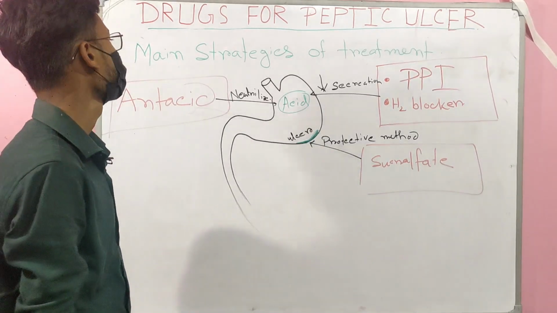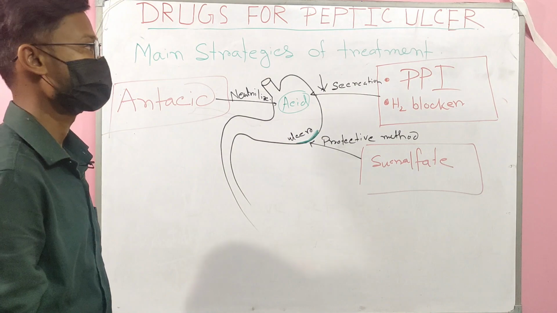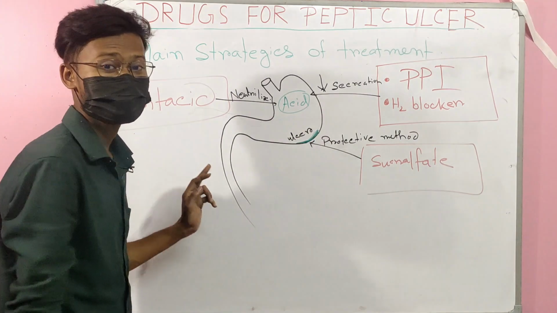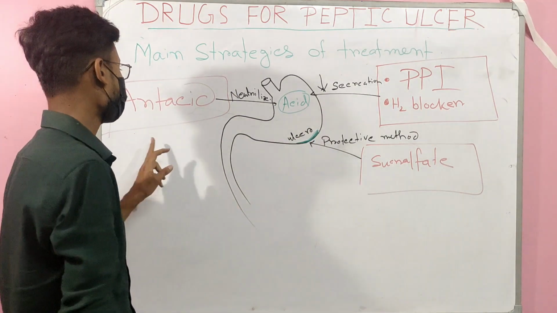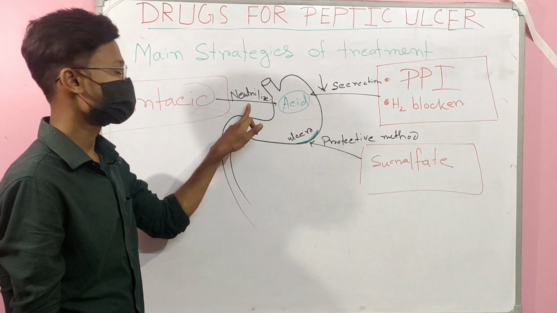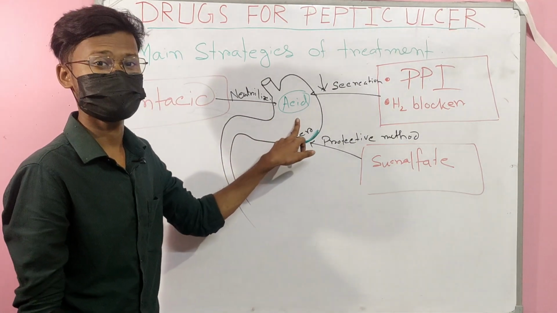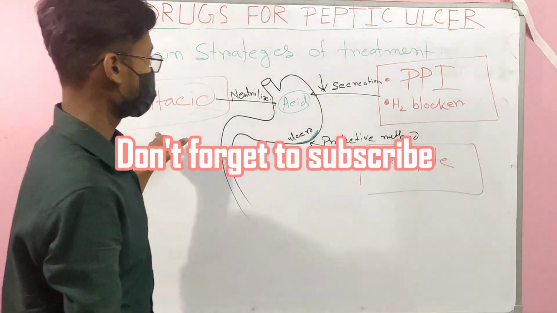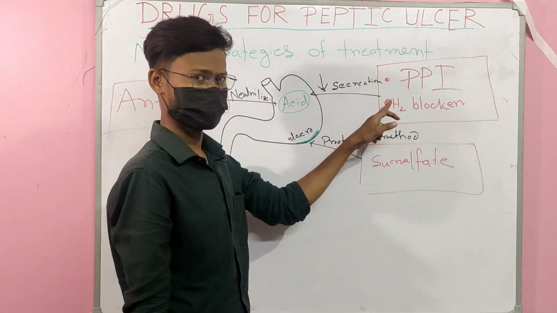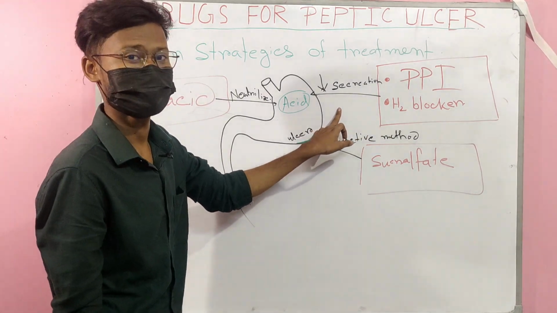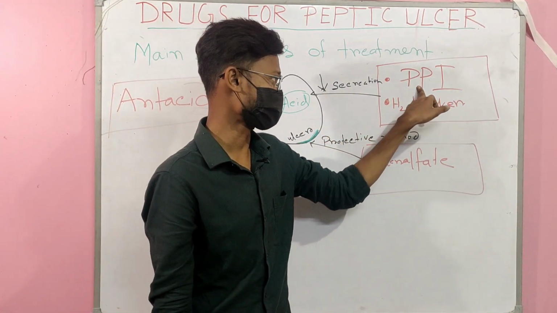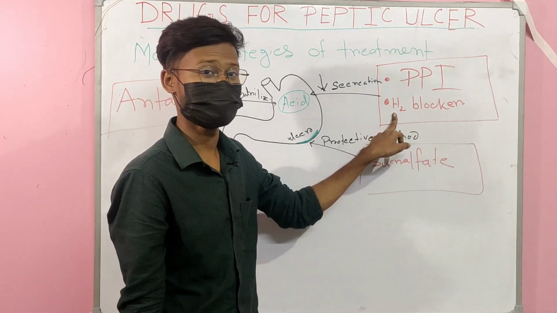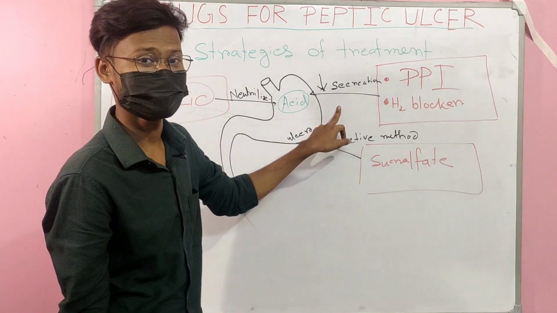Now the next topic is the main strategy of treatment of ulcer or peptic ulcer. Firstly, the first class of our main drugs is antacid, which neutralizes the acid present in our stomach. Various kinds of antacid. Then the class of drugs which decrease the acid secretion: PPI, proton pump inhibitor, pantoprazole, rabeprazole, omeprazole, etc. And H2 blockers also reduce the acid secretion.